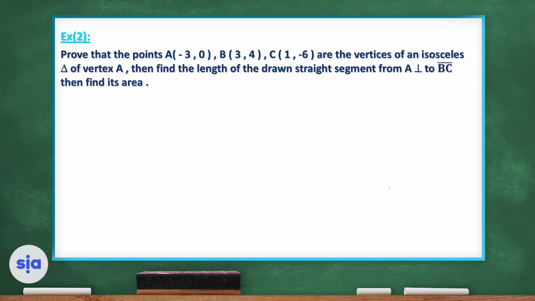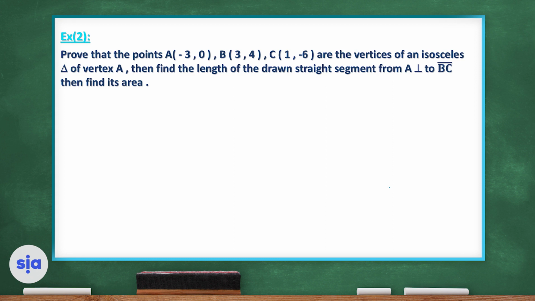Let's now move on to example 2. Prove that the points A, B, C are the vertices of an isosceles triangle of vertex A. Then find the length of the drawn straight segment from A perpendicular to BC, then find its area. In this question, it has different parts. Let's now start by one part and then do the other part and then do the third part.